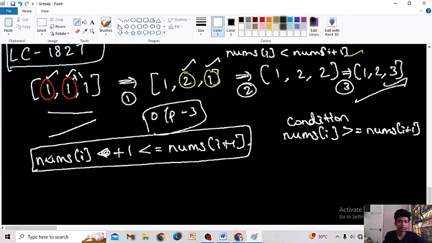this condition comes into play, right? Just see, if the first element is 2 and then the second element is 1, what is my minimum number? 2 plus 1 is my minimum, right?